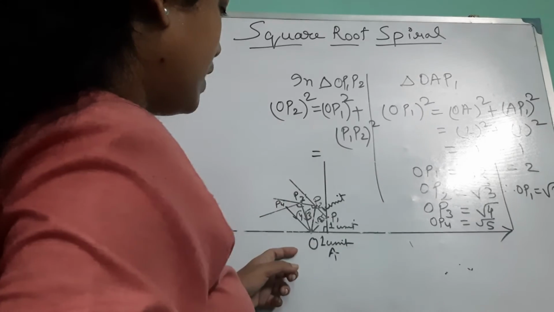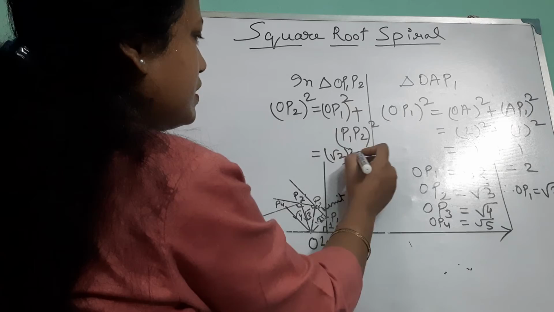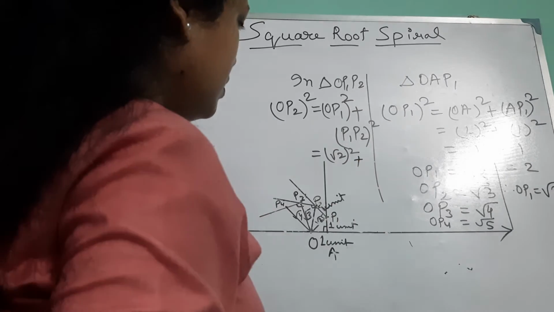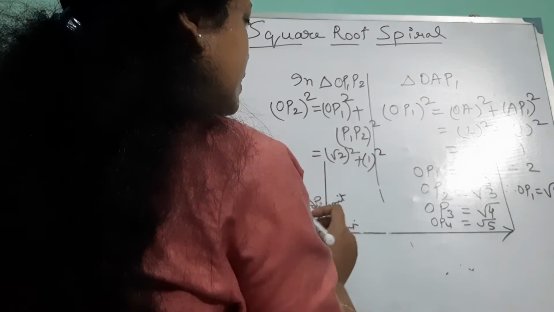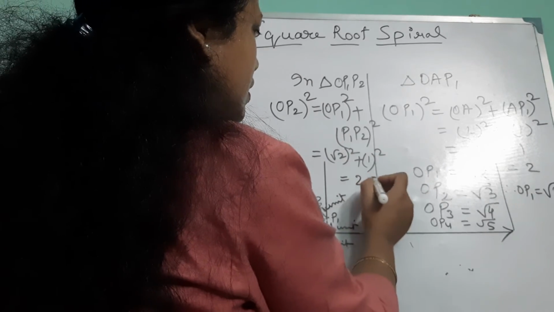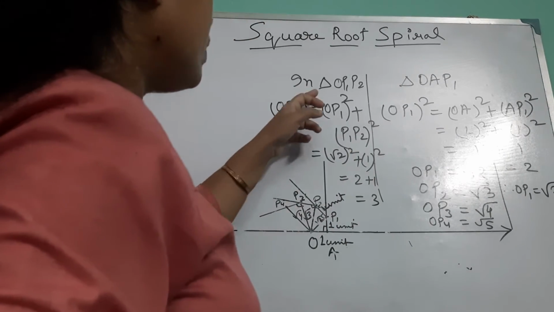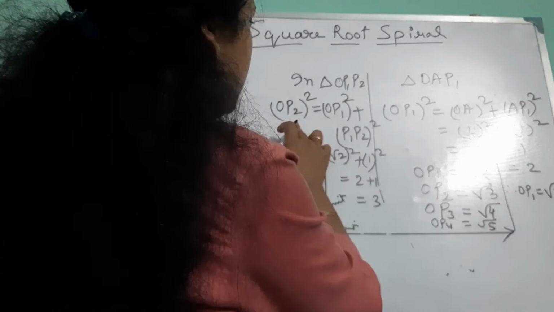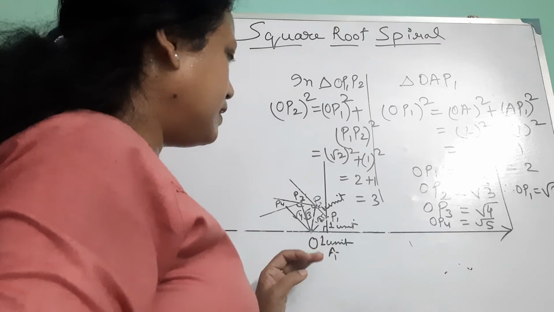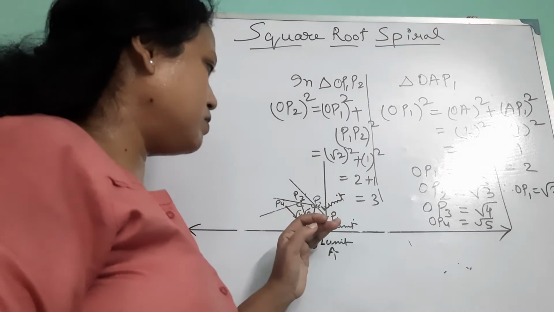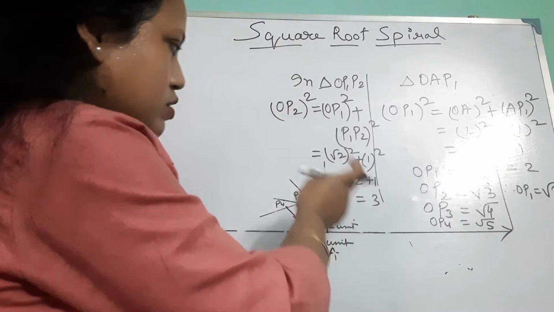Now OP1 was root 2, and root 2 square is 2, plus P1P2, which is 1 unit again, so 1 square. That is 2 plus 1, 3. Now OP2 square is 3. Therefore OP2 is equal to root over 3. So in this way we can get the length of the hypotenuse, and these irrational numbers we are getting in a square root spiral.